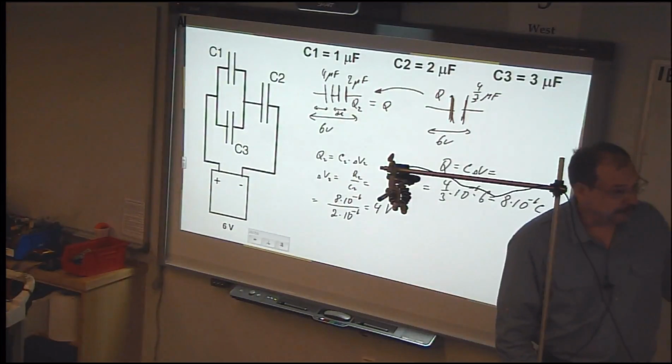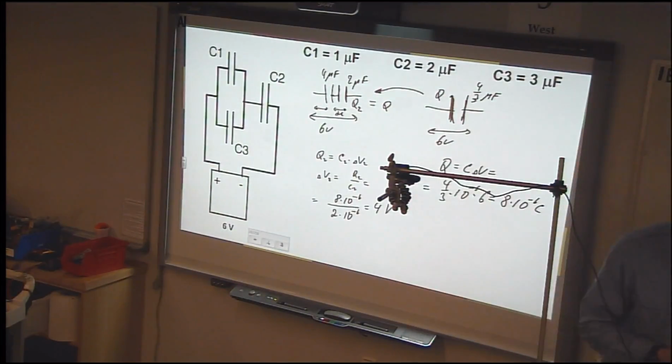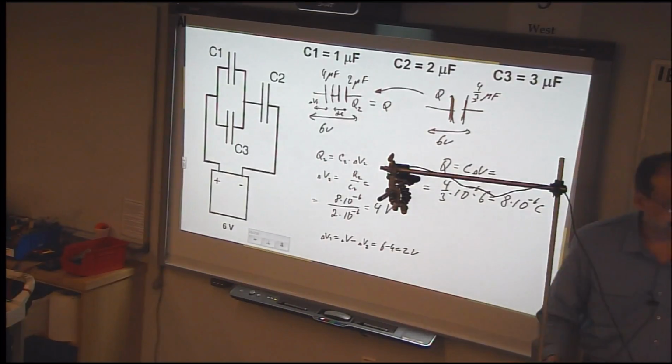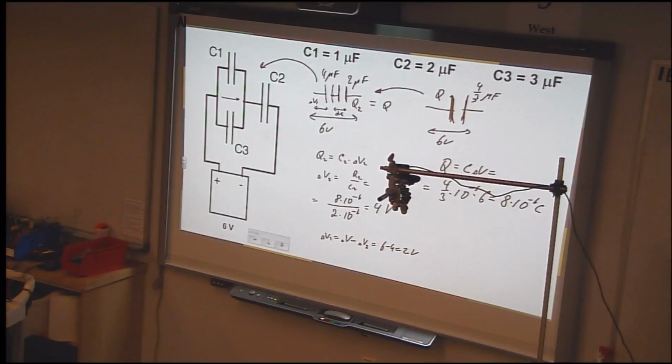So if the first and second should give the total, the first should be equal to total minus second. But now we can go one step back. This is supposed to be 2 volts, and this voltage is 4 volts.